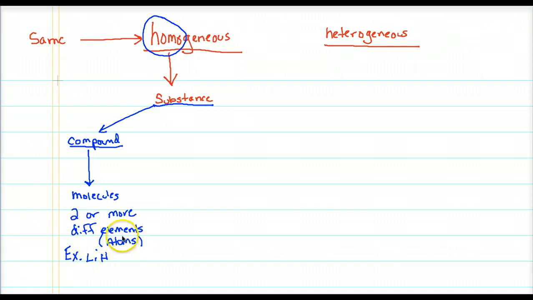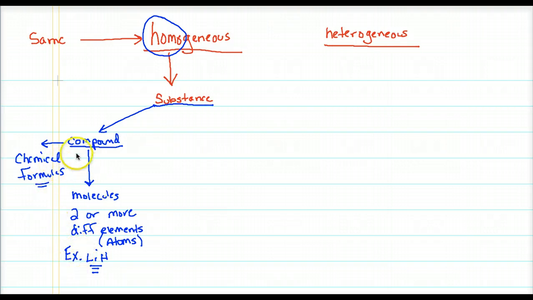So we have different elements or atoms involved, and they have a unique arrangement, 1 lithium to 1 hydrogen, and that's called a chemical formula. So compounds have chemical formulas. Very important. And that chemical formula has a unique ratio.